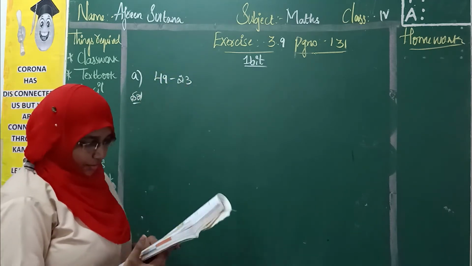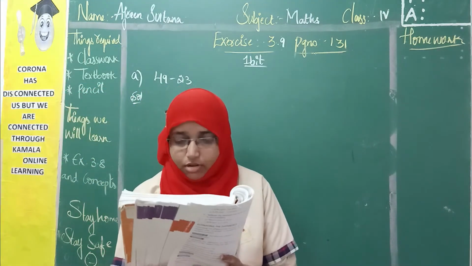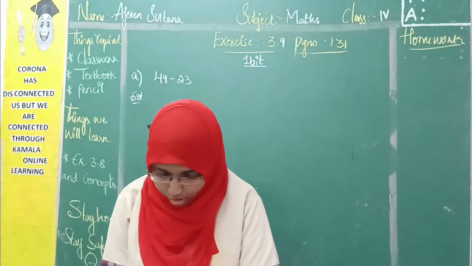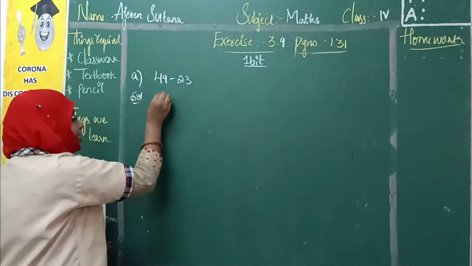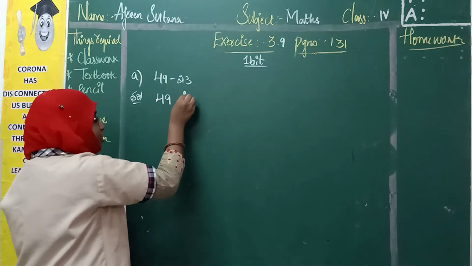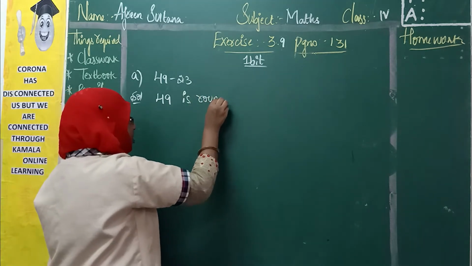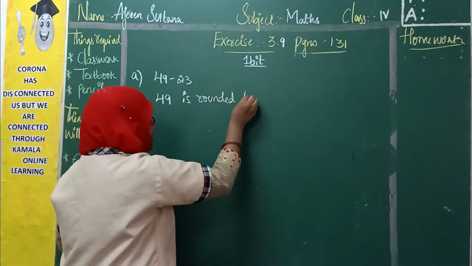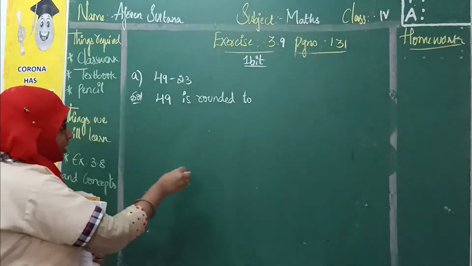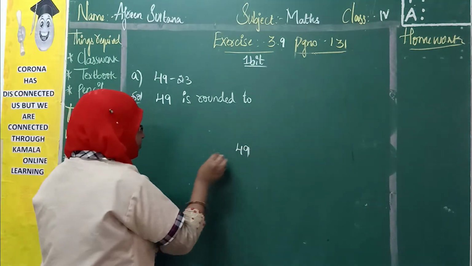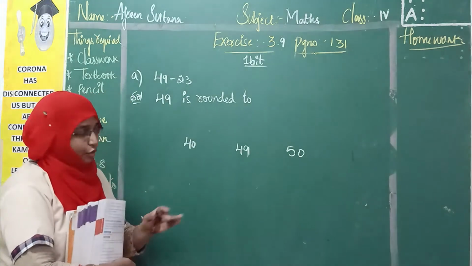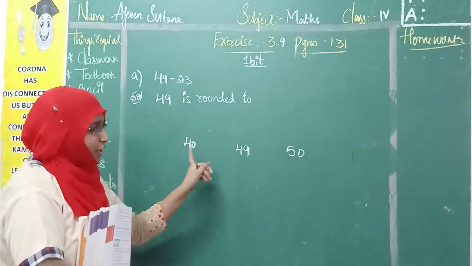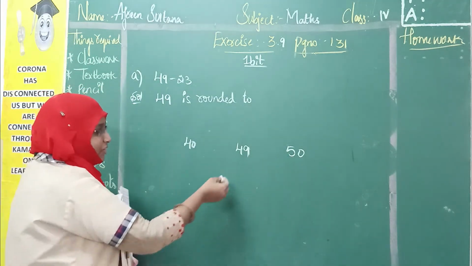Same as estimating sum. We need to do the nearest to 10. Firstly, we need to round those numbers to the nearest 10s. Let us write 49 is rounded to. As we are doing nearest to 10, 49 is going to lie between 40 and 50.